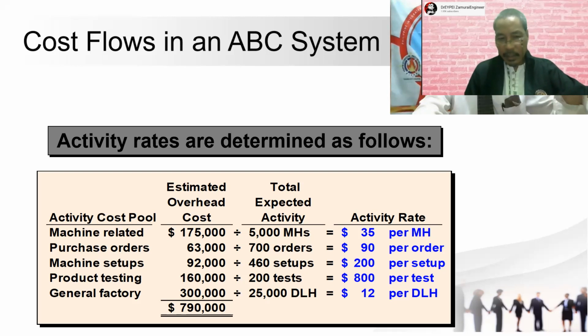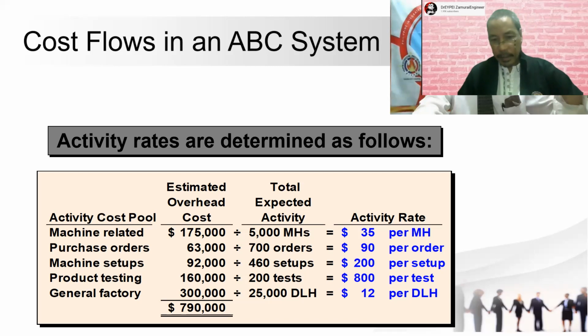Product testing, $160,000 divided by 200 test. Therefore, how much? The rate is $800 per test. And general factory, $300,000 divided by 25,000 direct labor hours. That is $12 per direct labor hours.